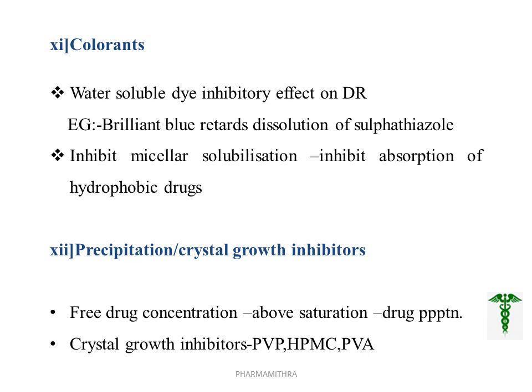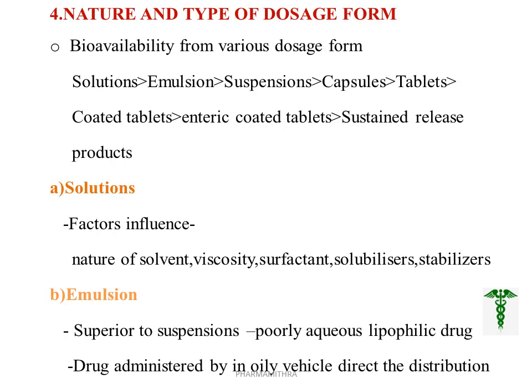The fourth main factor affecting the bioavailability is the nature and type of the dosage form. For a given drug, there is a 2 to 5 fold difference with the different types of dosage form. That is, the absorption rate varies from tablet to solution.